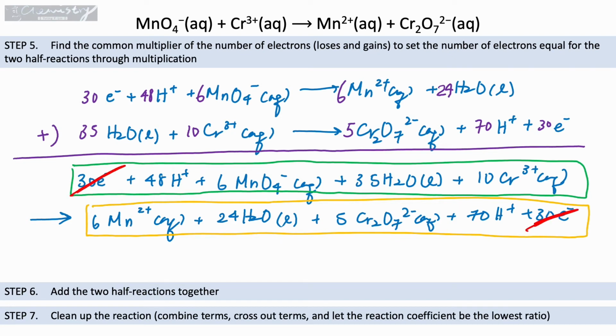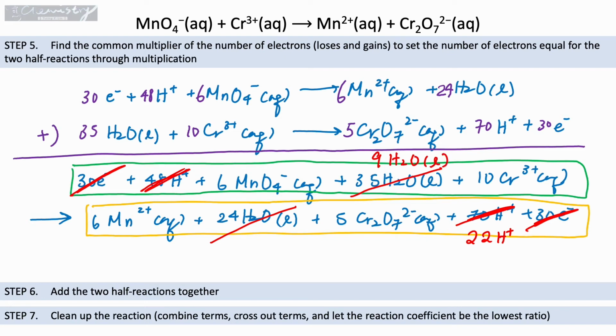We can cross that out. And then 48 protons on the left, 70 protons on the right. So we can combine them to make it 22 protons left on the right side. And then we have the water, which we have 35 waters on the left side and 24 waters on the right side. So this can cancel out to be 9 waters on the left side.